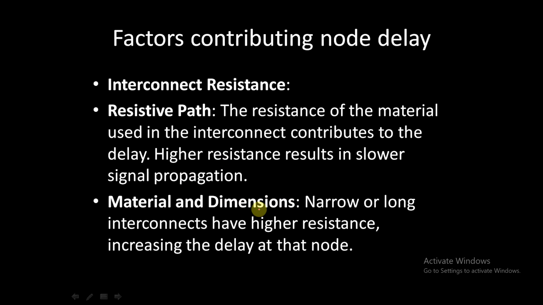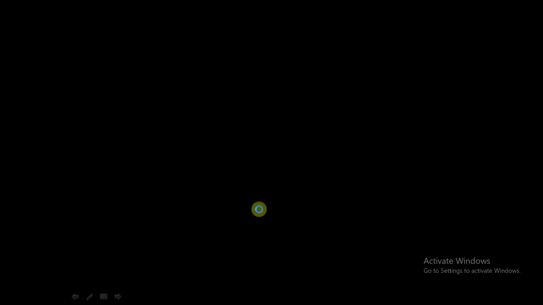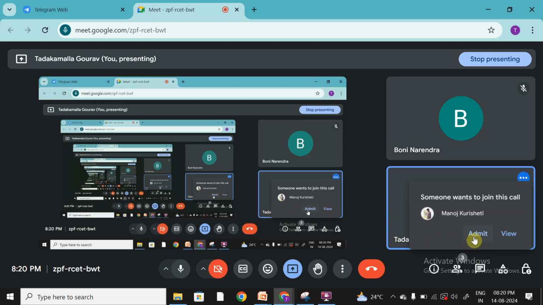It may also be multiple loads. If a node drives multiple gates or components, high fan out, the combined capacitive load increases, leading to greater delay. So these are the factors influencing the node delay. Is it clear? Yes.